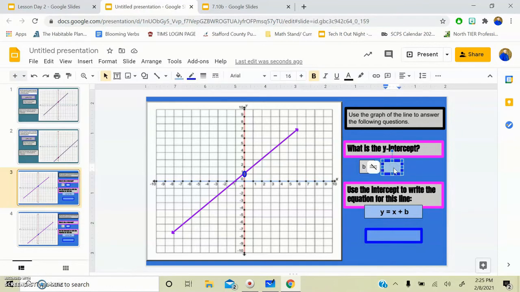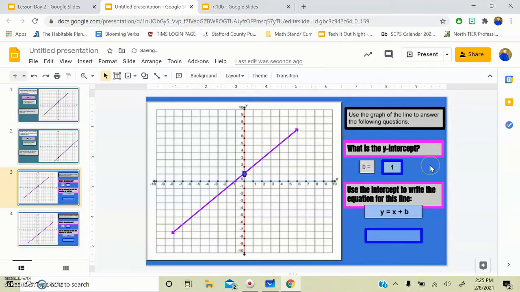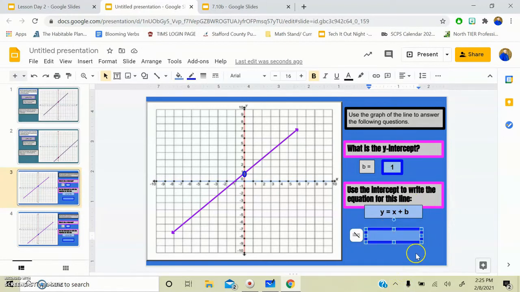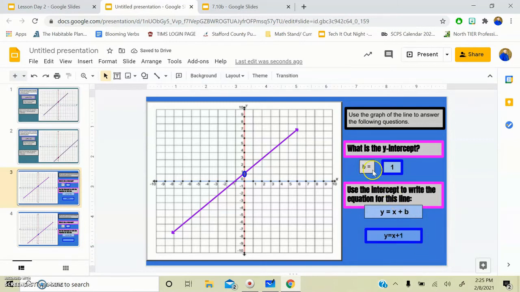So my b is going to be equal to 1. And so I'm going to make my equation. I'm going to just plug my 1 in for the b in this equation. So I have y equals x plus 1. Notice how I just put in 1 instead of b because my b value is equal to 1.